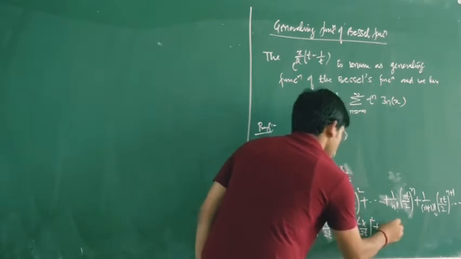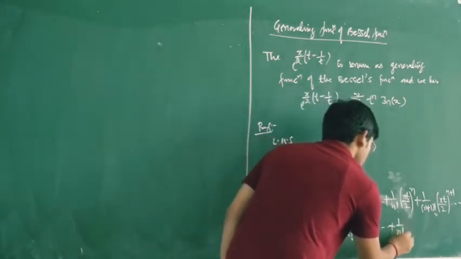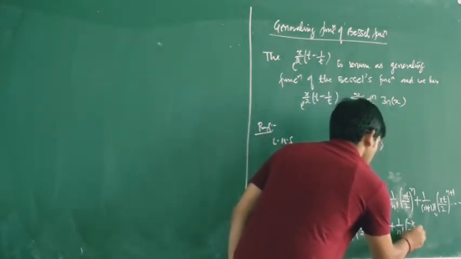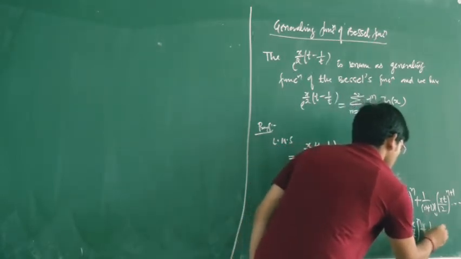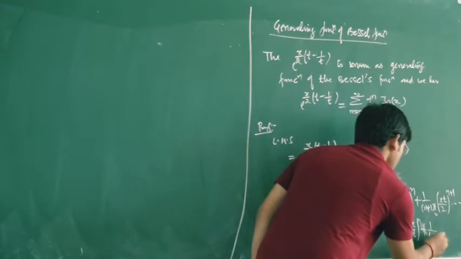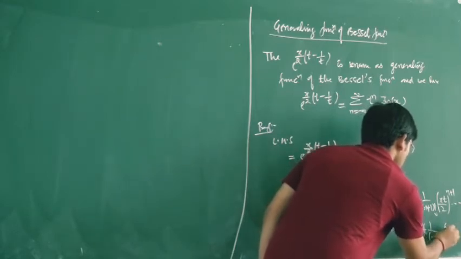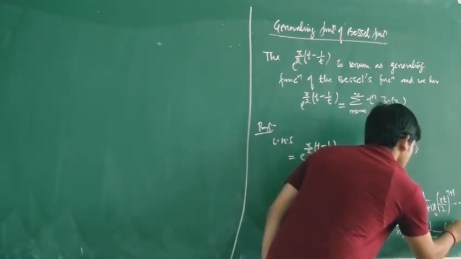Then your nth term will be 1 upon factorial n into minus x upon 2t power n, plus the next term will be 1 upon n plus 1 factorial, then we have minus x upon 2t power n plus 1.